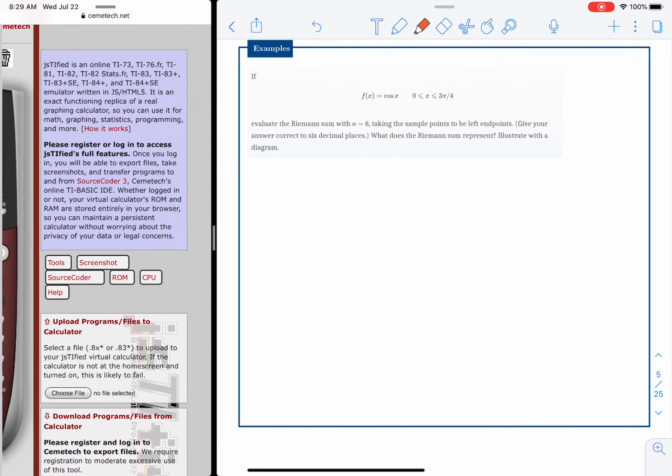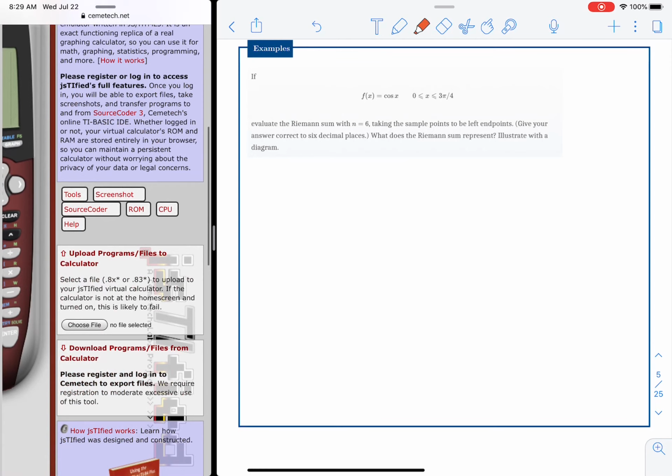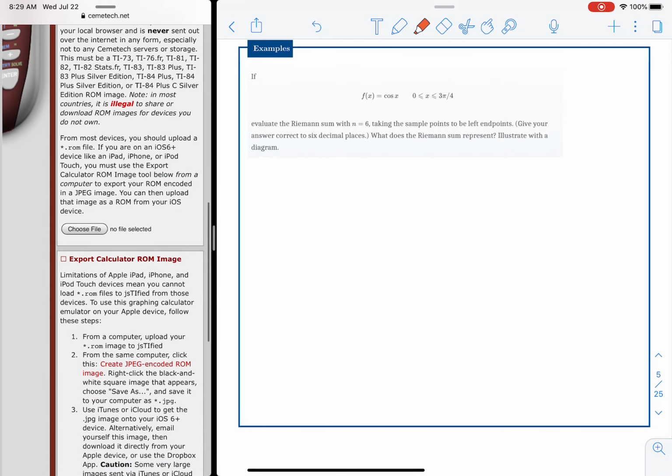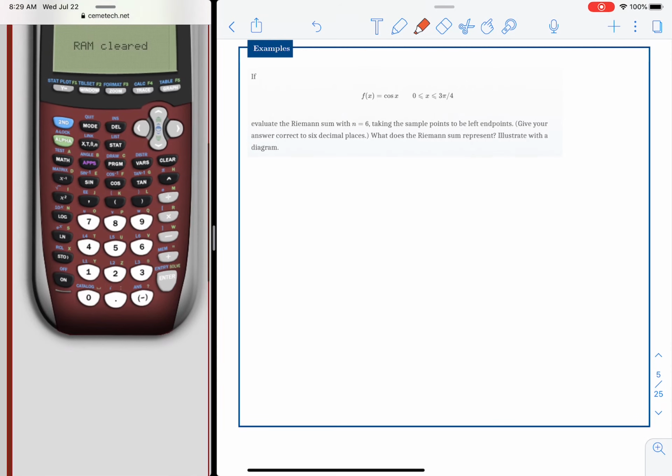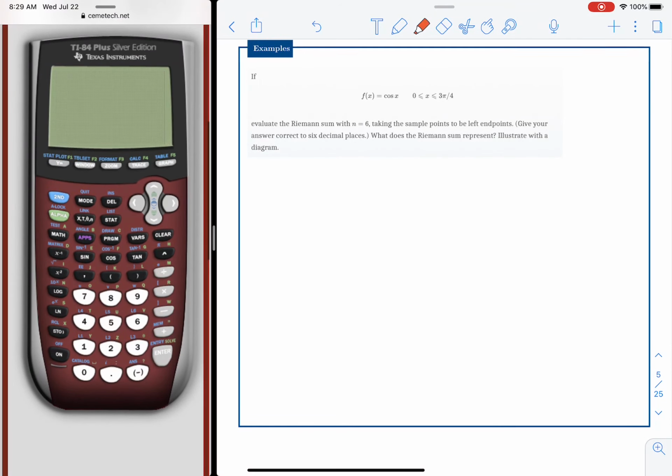So we have the calculator on our side. We know what cosine x looks like, but I'll just go ahead and plot cosine x from 0 to 3 pi over 4, and we know that cosine simply goes between -1 and 1.